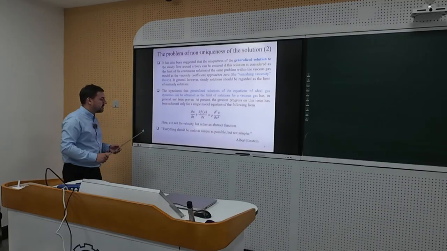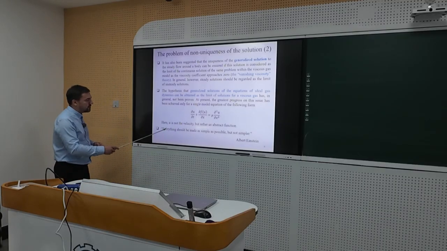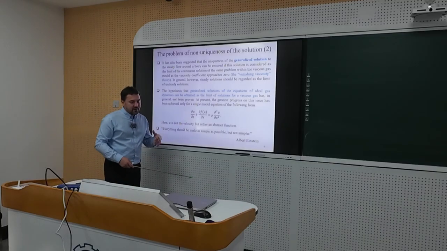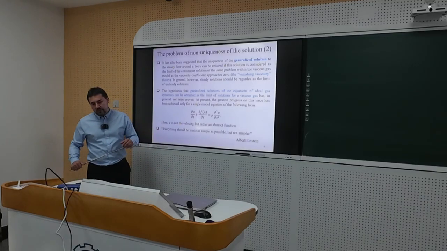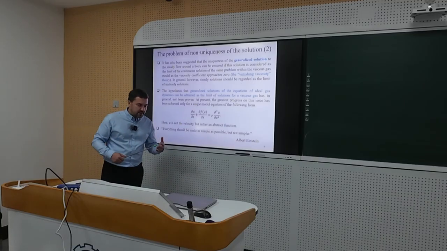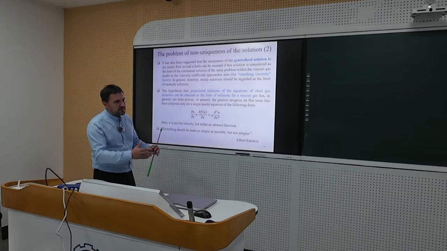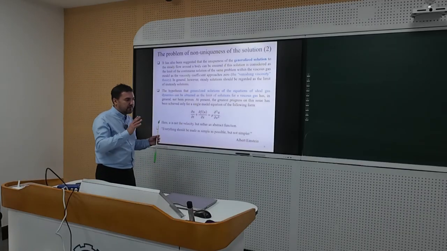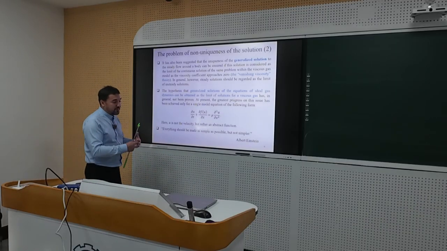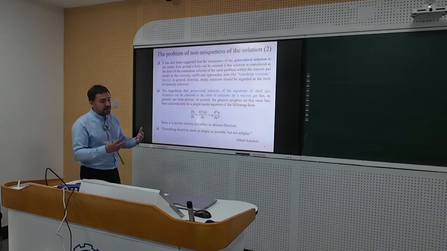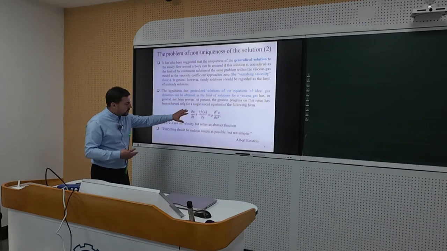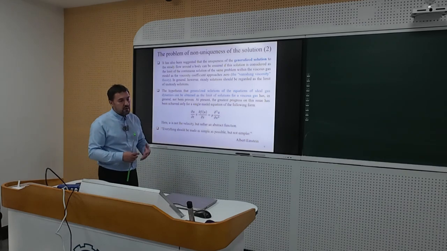I put this quote from Einstein: everything should be made as simple as possible, but not simpler. It's a very relevant approach in scientific research when you try to explain some effect, not to simulate some specific device such as an airplane or wing or engine. When you try to explain the mechanisms, why we have one effect or another effect, the approach of a simplified model is very fruitful.